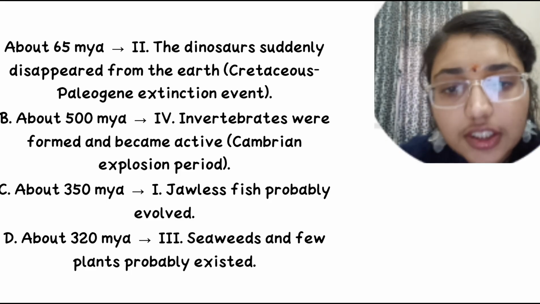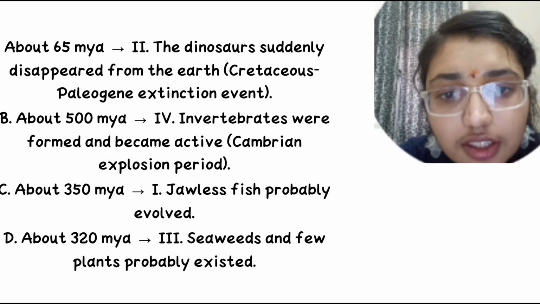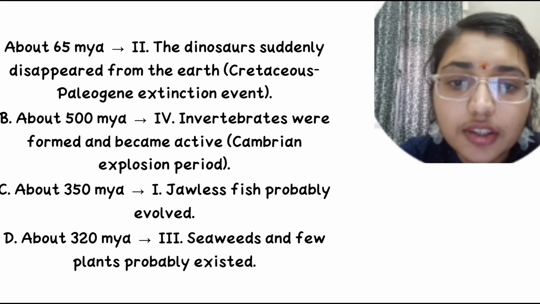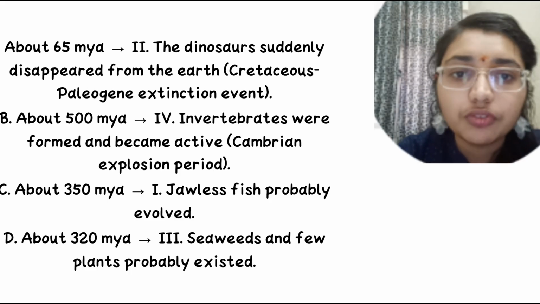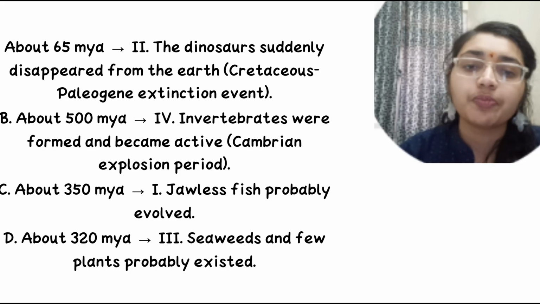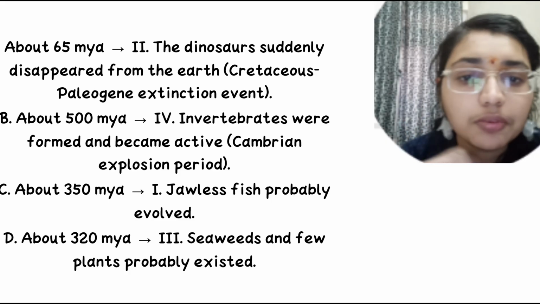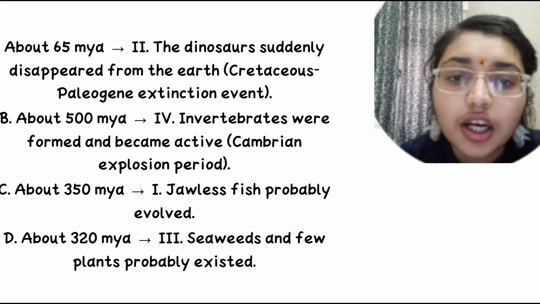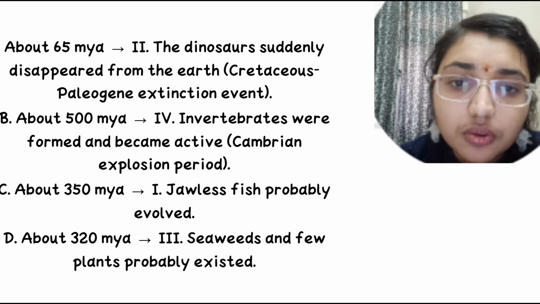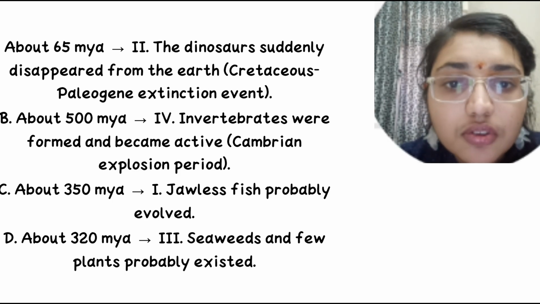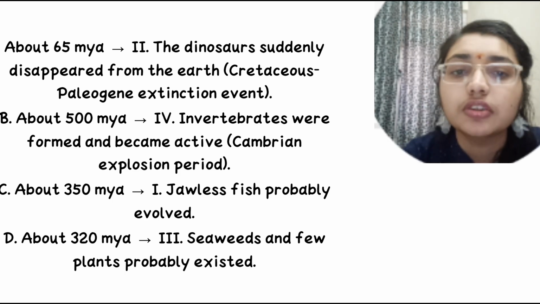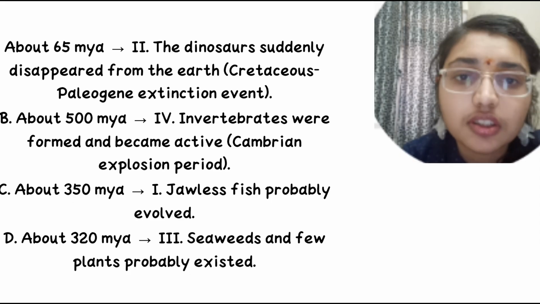So here we can see the options, where A is 3, A is 1, A is 2 and A is 2. So we can eliminate all those because 3 and 4 are the options that show A is 2, that is about 65 million years ago, that is the dinosaurs suddenly disappeared from the earth. Now let's see the other options.